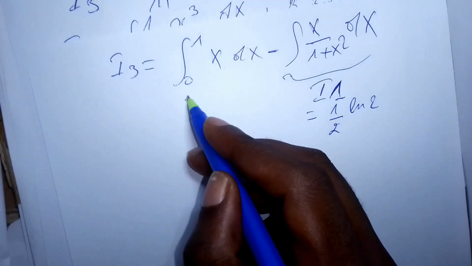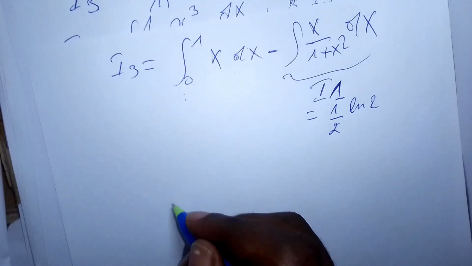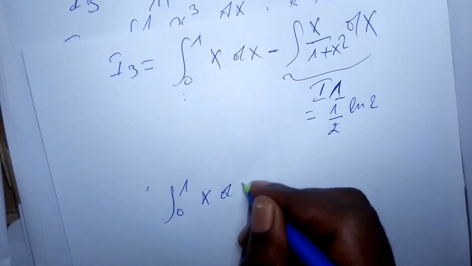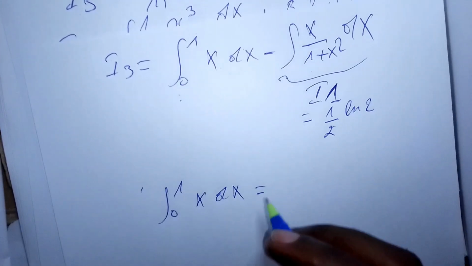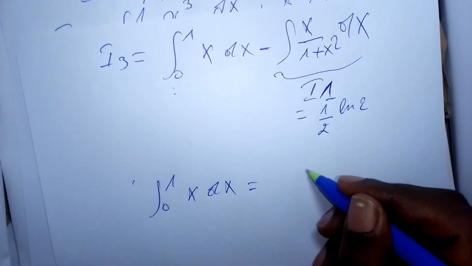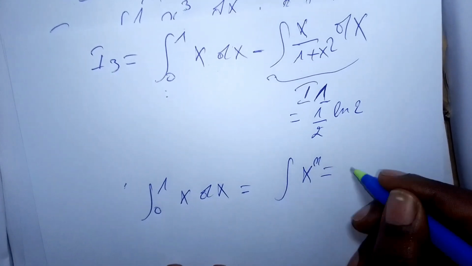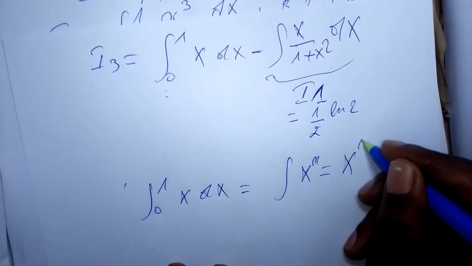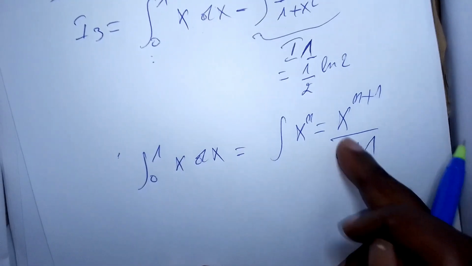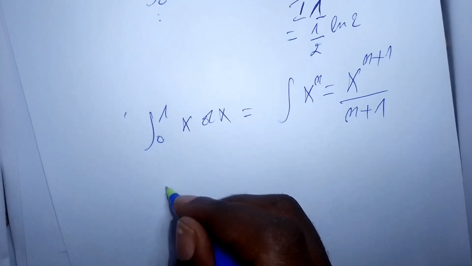So we are going to focus on the integral from 0 to 1 of x dx. When we have a polynomial, we use this formula: the integral of x power n equals x power n plus 1 over n plus 1. This is the formula we are going to use.